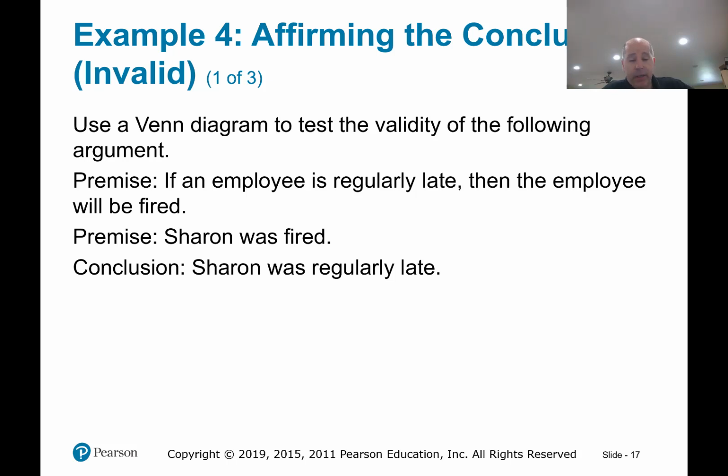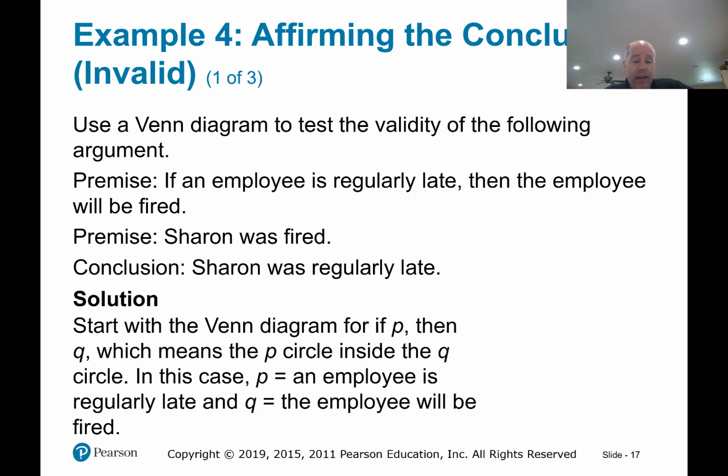She could have been fired because she told the boss off. She could have been fired because she broke safety protocol. She could have been fired for all kinds of numerous reasons, right? So just because she was fired doesn't automatically mean that she must have been regularly late. Okay, she could have been fired for being regularly late, but it could have been something else. So right away we can see that this is not a valid argument.